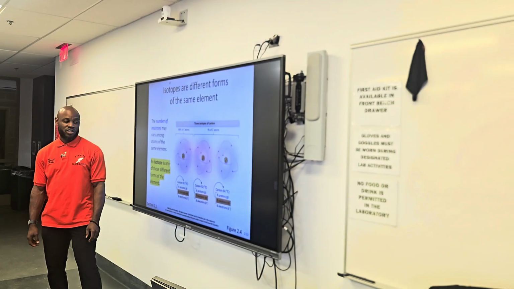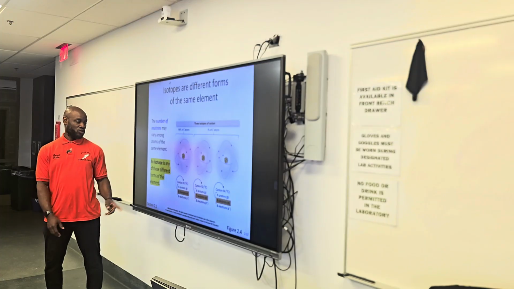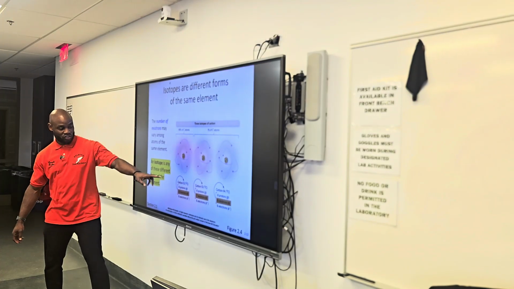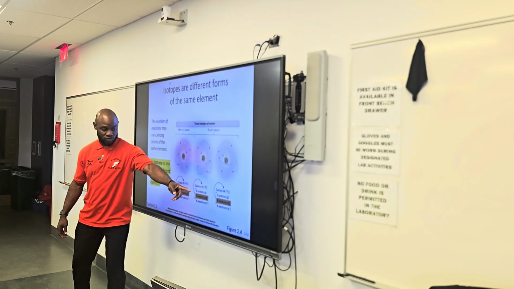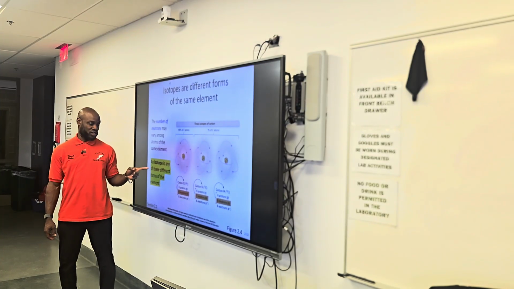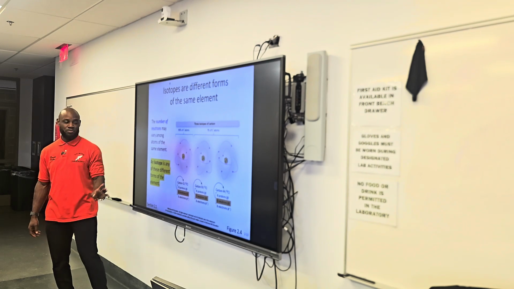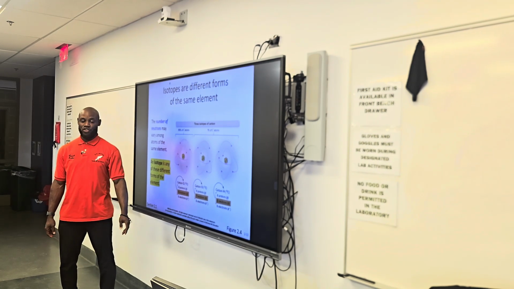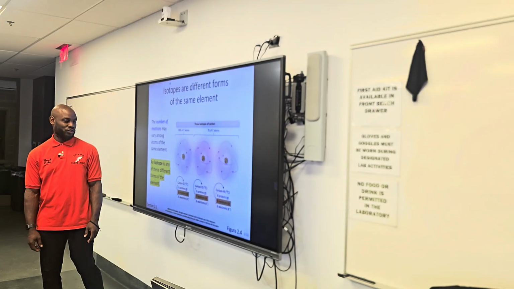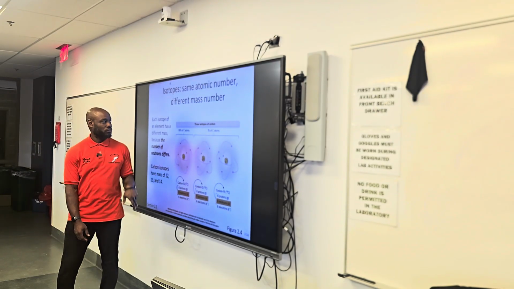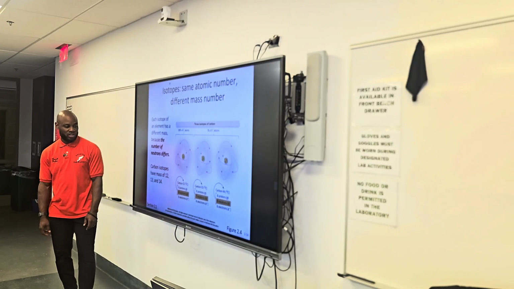But carbon-13 has 7 neutrons, so 1 neutron heavier, or carbon-14, and these two are generally unstable, and could have as many as 8 neutrons. Those are called isotopes. So this is all considered carbon, but the 13 and the 14 are considered isotopes. Same number of protons and electrons, but a different number of neutrons.